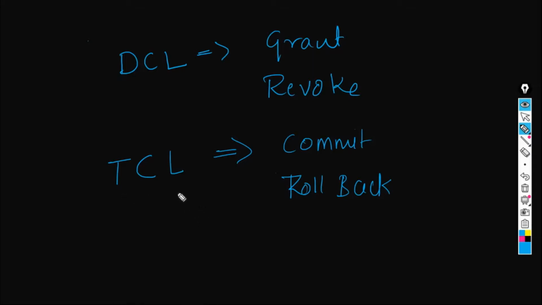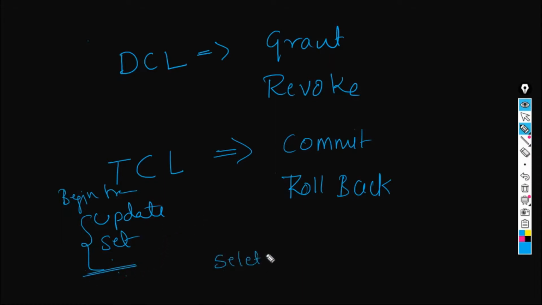Suppose I want to update a table with some values, I write it, and then I begin the transaction. After running the update command, I'll go and check the table whether all the entries are correctly updated or not. If I feel all these entries are updated correctly, then I will do commit.